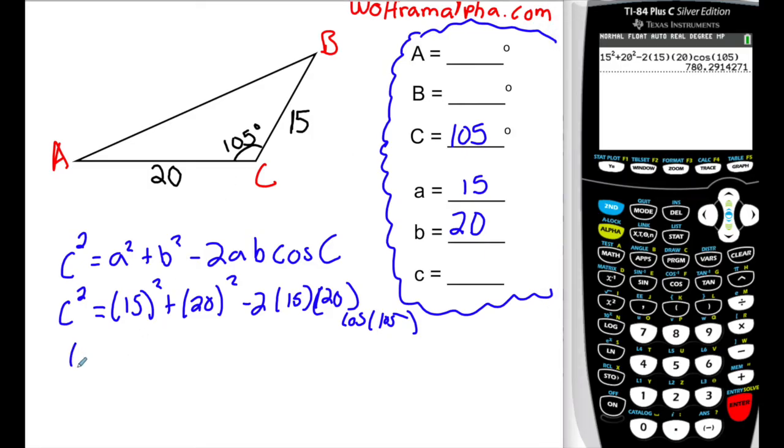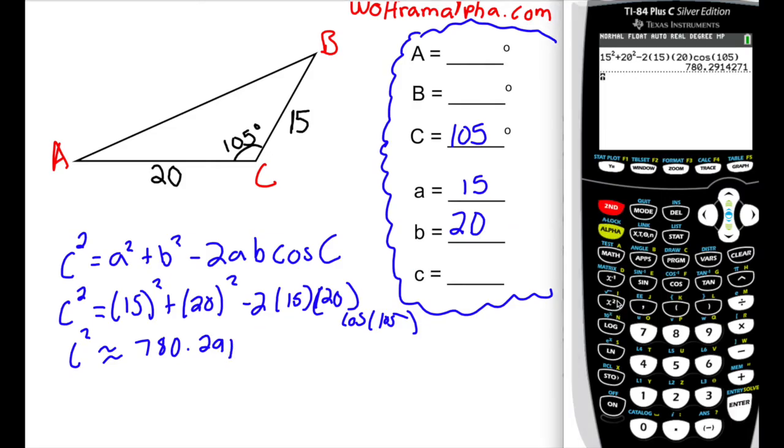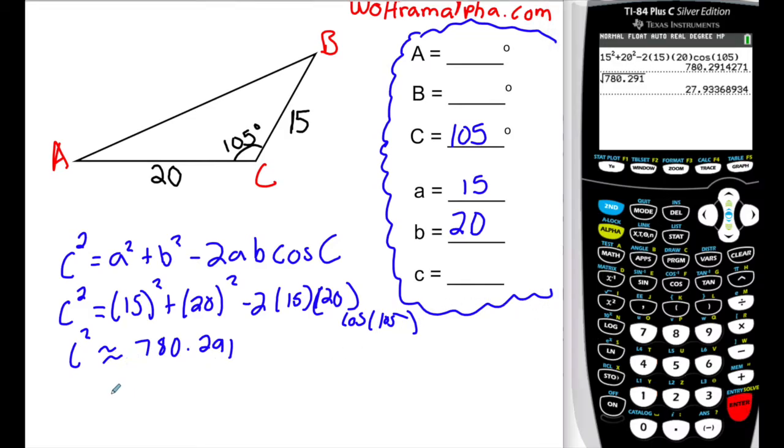And we're going to use 3 decimal places. So c squared is approximately 780.291. And I'm going to plug that in because remember, the more decimal places you use, the less error you get. The less future error relies on past error, the more accurate future error is. Okay, you don't think of error as accurate, but we'd like to be as accurate as possible.